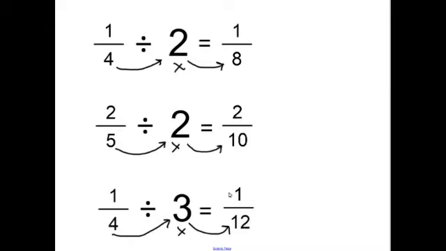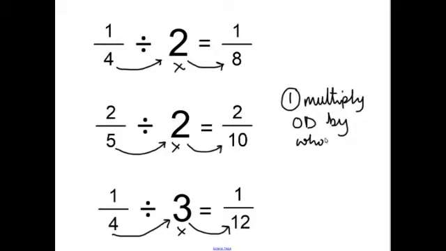So that's one of the steps in the strategy: you multiply the original denominator, which I'm going to call OD so you don't have to watch me write that out, by the whole number, which in this case is our divisor.